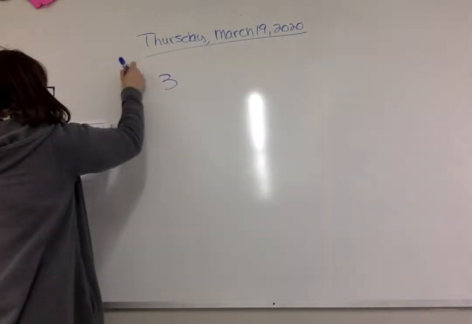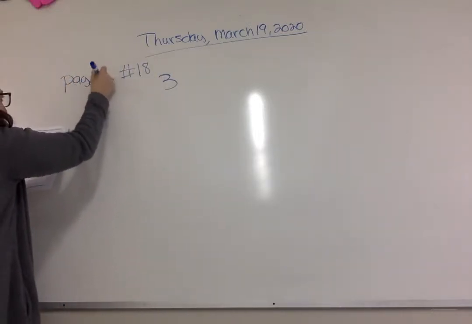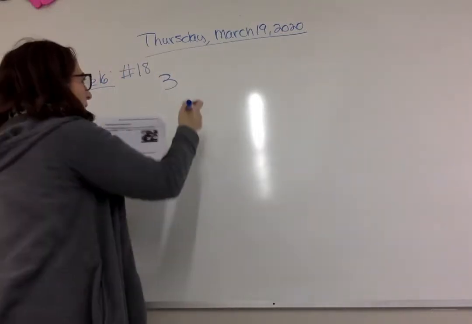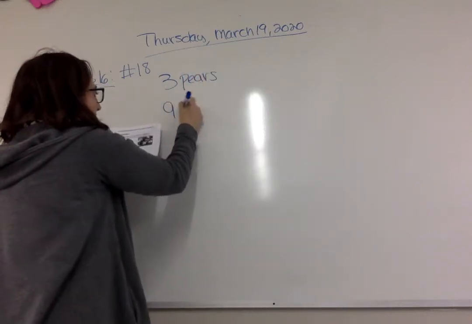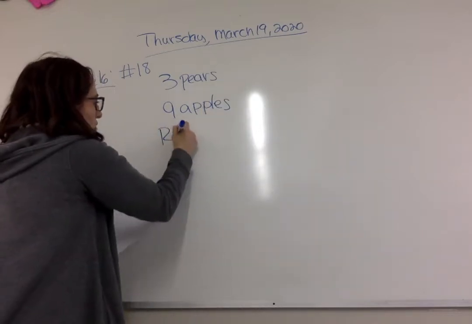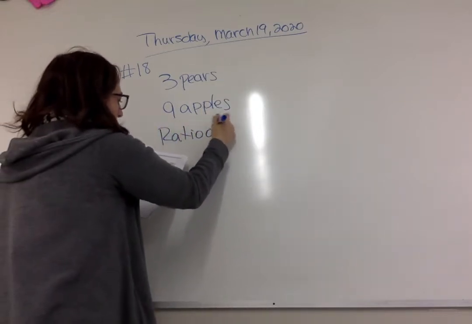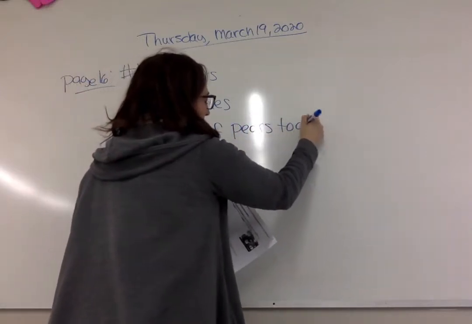First of all, this is number 18, and we're on page 16. I'm going to annotate 3 pears and 9 apples. It's asking for the ratio of pears to apples.